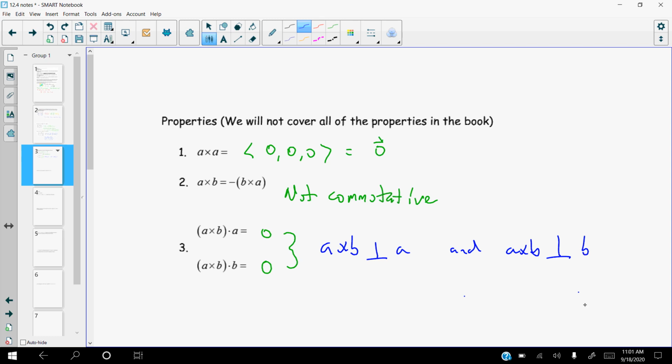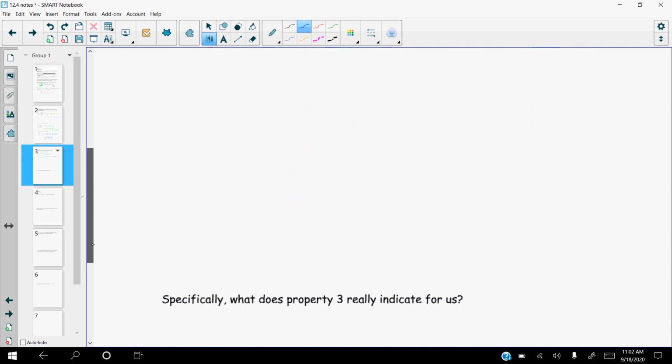Now let's actually think about what that means. I just told you that if I take two vectors and cross them, the result is perpendicular to both A and B. So it's perpendicular to both of the vectors that I just crossed. Try wrapping your head around that one for a second. It's not easy to see unless you're already seeing this visually in 3 dimensions.